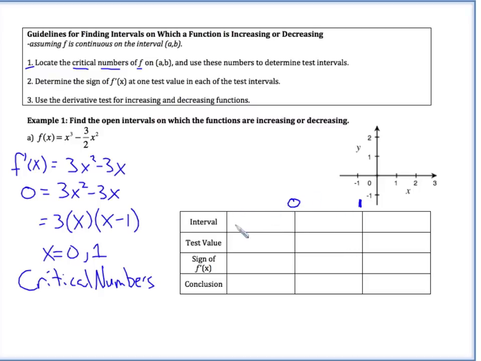To the left, we're going from negative infinity all the way up to 0. Here we're between 0 and 1. And here, from 1 to infinity.